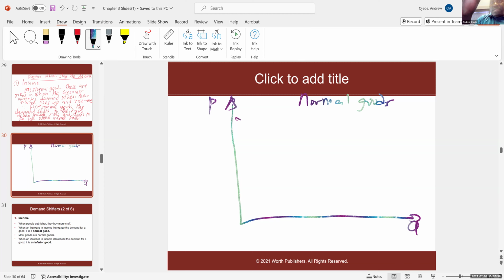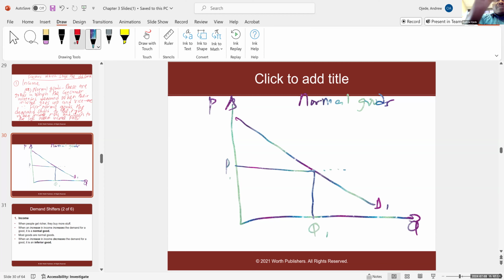Let's say this was the initial demand curve, which is D1, and this was price P1, quantity Q1. Remember, we are holding price constant, and the demand curve is shifting to the right, to D2. That's going to lead to an increase in demand from Q1 to Q2. So the demand curve shifts to the right.